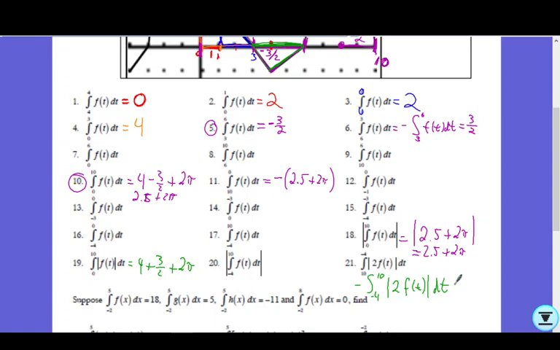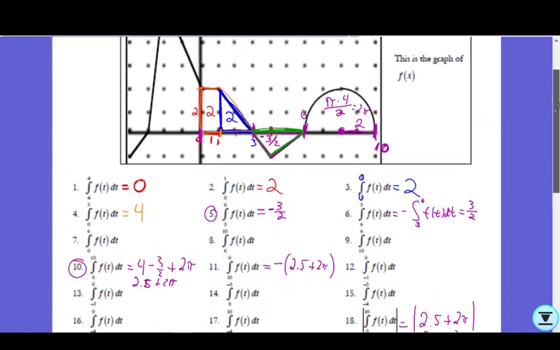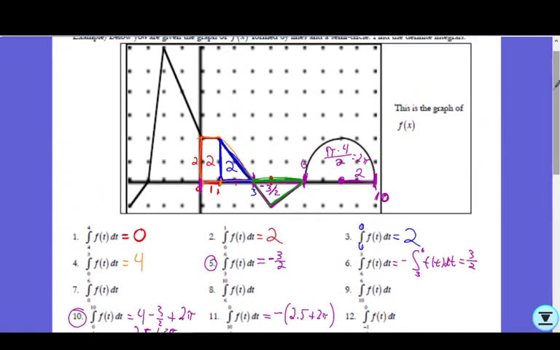So first of all, we need to find all of the areas. So here's negative 1, negative 2, negative 3, negative 4. So this area right here is negative 1/2. This area here, I'm going to break this up into pieces to help myself out here.